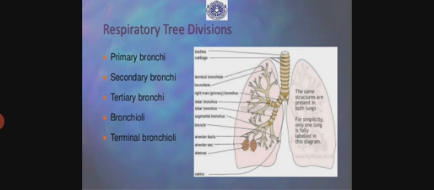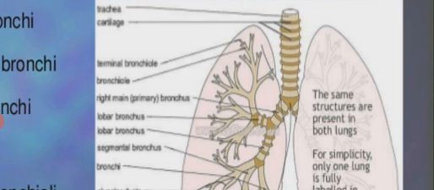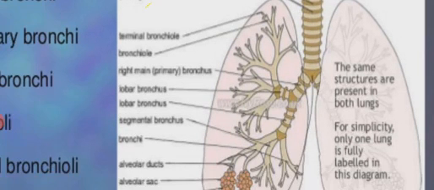Coming to the respiratory tree divisions, as I already told you, the trachea leads to the branch called the bronchus, and that bronchus, as it is a collapsible type of tube, is supported by C-shaped cartilaginous rings.